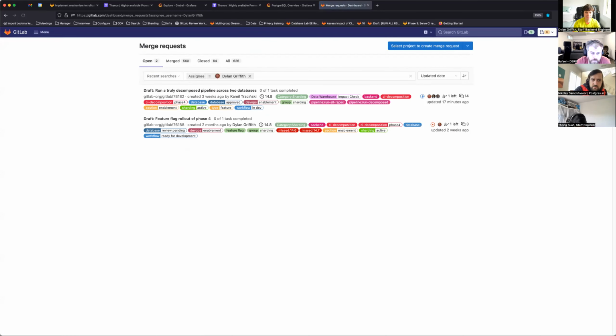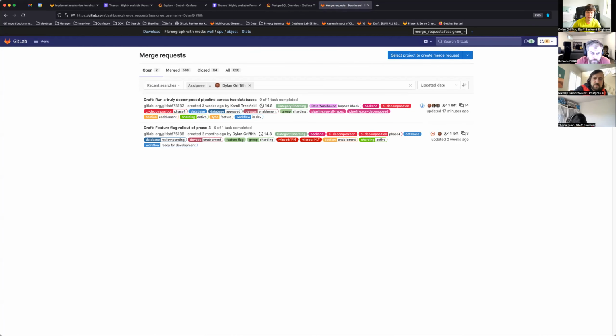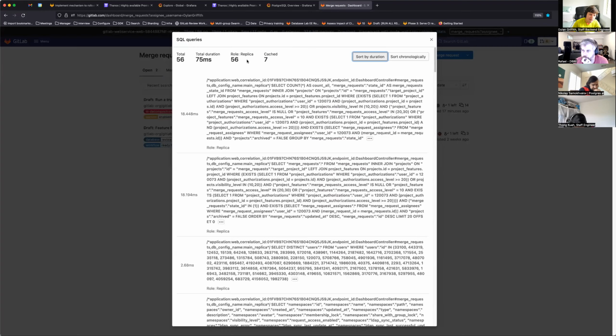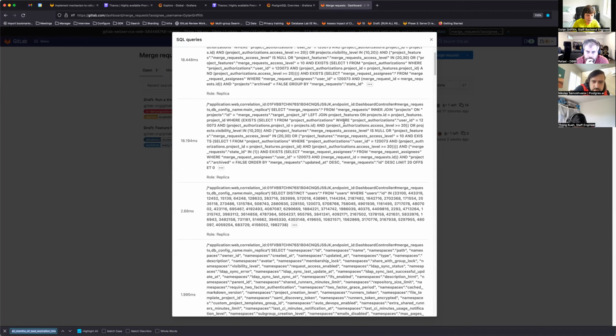Yeah, GitLab itself keeps track of the primary location, the LSN, and then reads the same LSN from all of the replicas to figure out whether or not there's an up-to-date replica. So you can probably see it sometimes in here. That's an LSN.